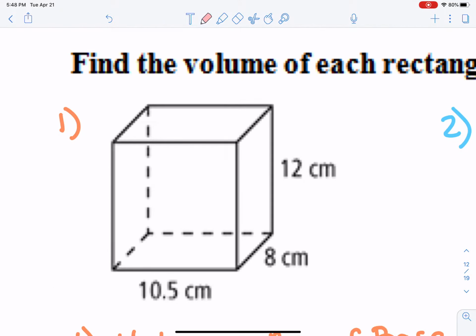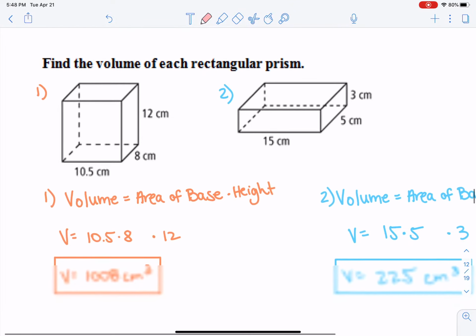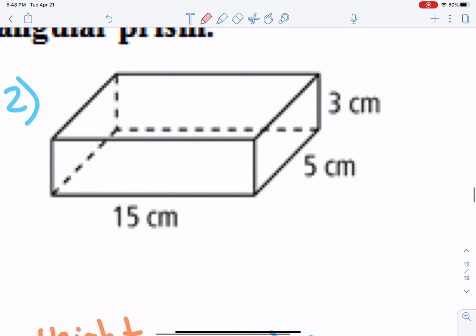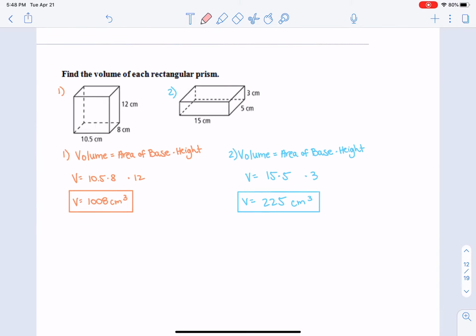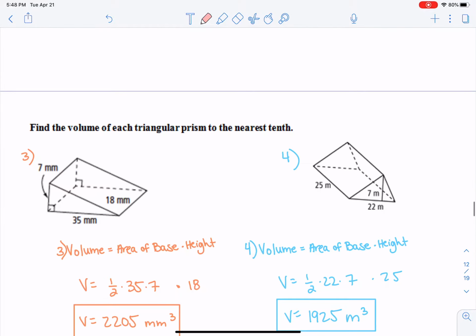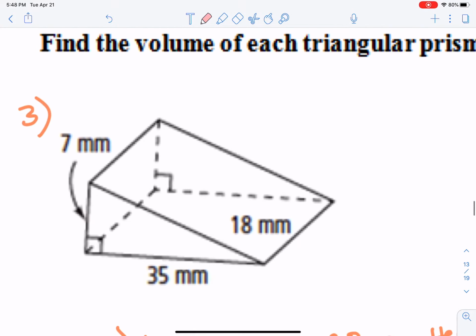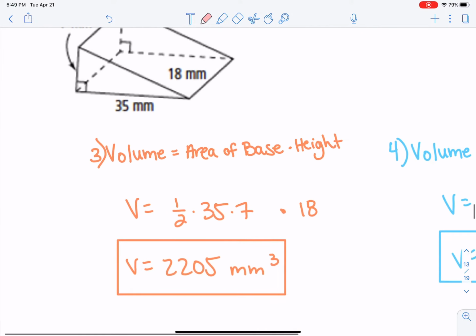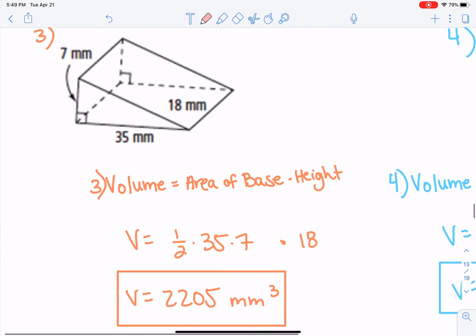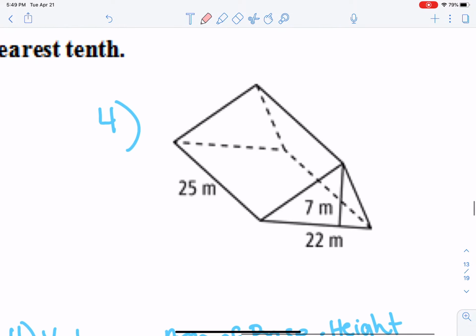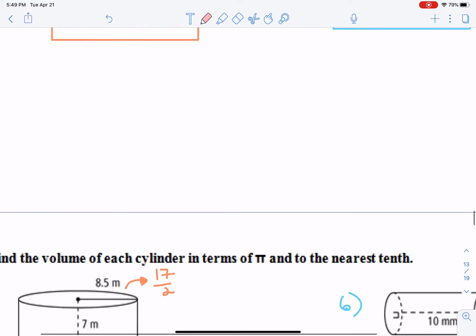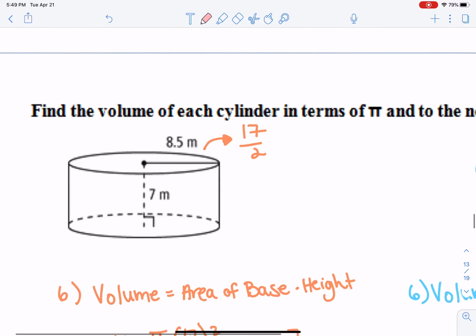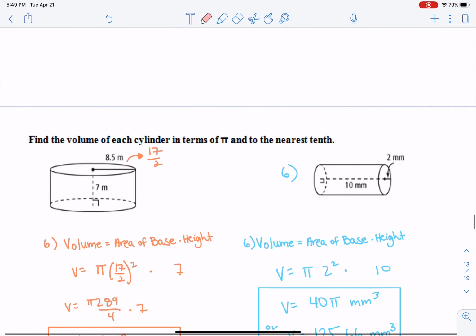So here's number 1. And here's the answer for number 1. Here's number 2. And here's the answer for number 2. Here's number 3. And here's the answer for number 3. Here's number 4. And here's the answer for number 4. Here's number 5.